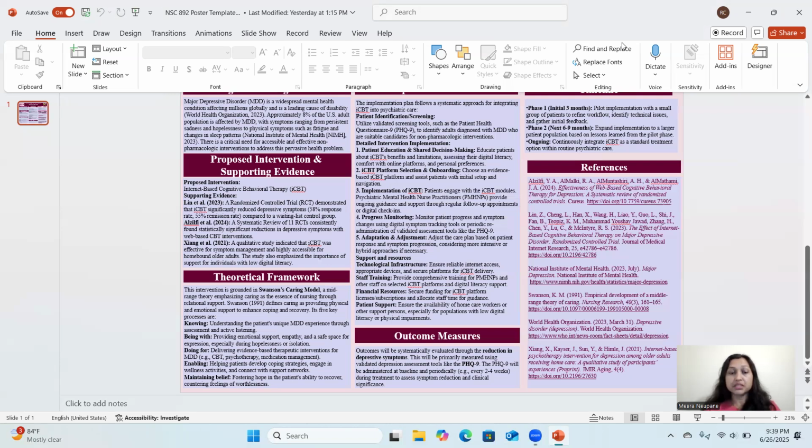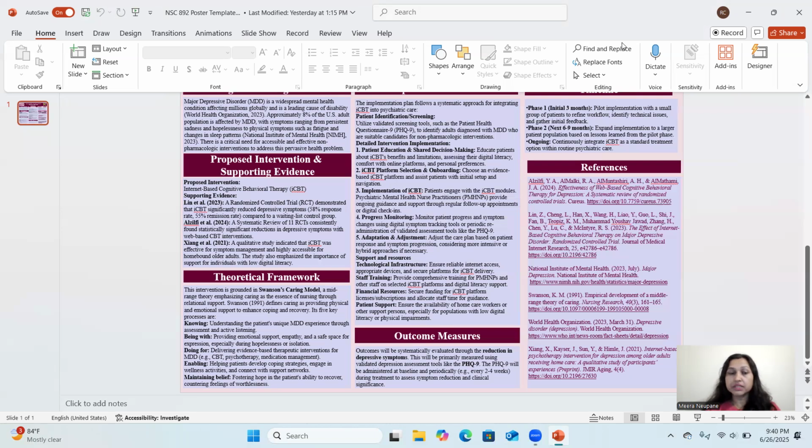Knowing means understanding the major depressive patient's experience through assessment and active listening. Being with means providing emotional support, empathy, and a safe space for expression, especially during times of hopelessness and isolation.